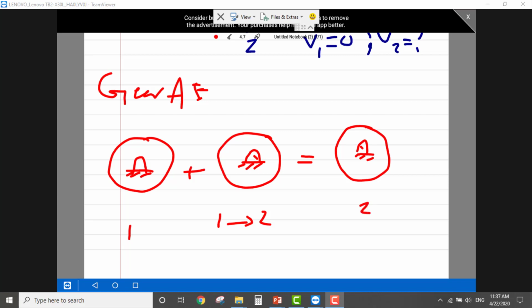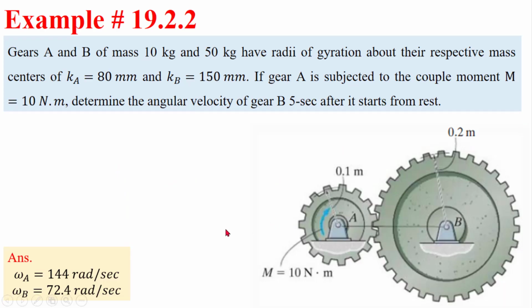But before doing that, let me go back to the slide and show you something. Here we have gear A, which rotates in this direction, and gear B will rotate in this direction as a result. Here we have a mesh between them, so this point will move in this direction.